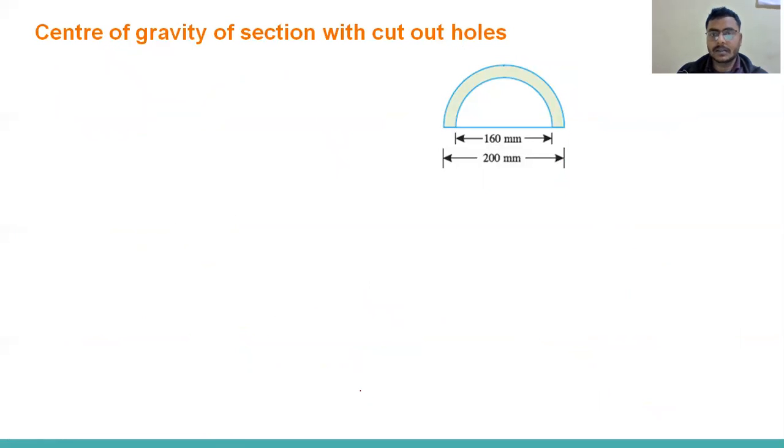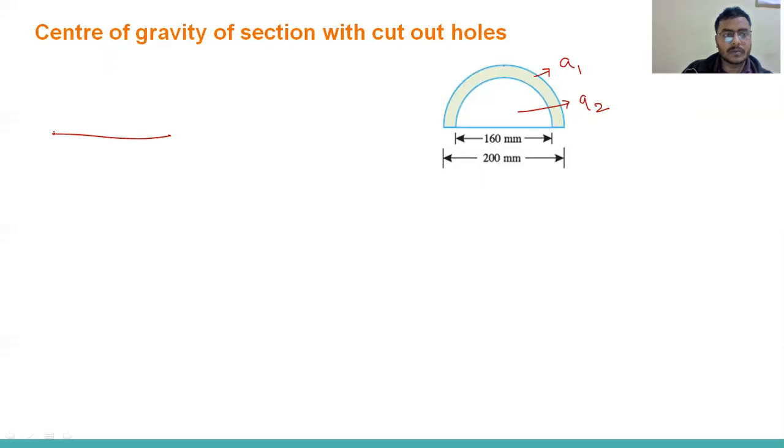Now see this question. In this question you can see that a semicircle is there, and again a semicircle with a smaller diameter, which is deducted from the larger diameter. So again I am considering this semicircle with the larger diameter as A1, and the semicircle with the smaller diameter as A2.